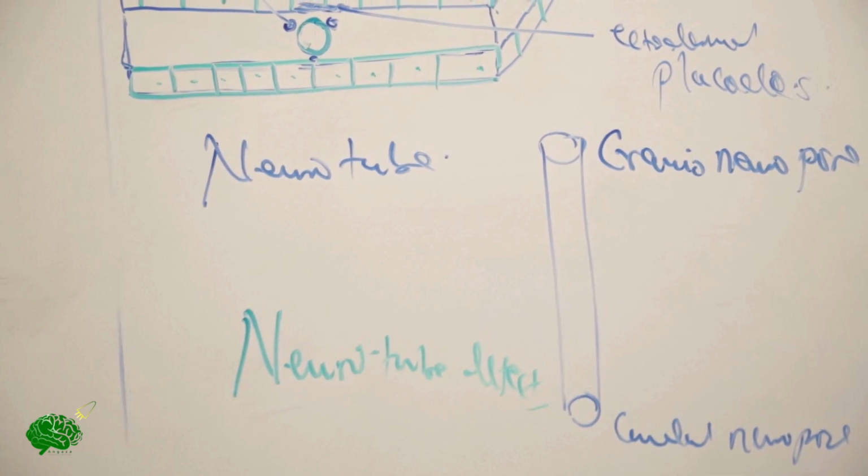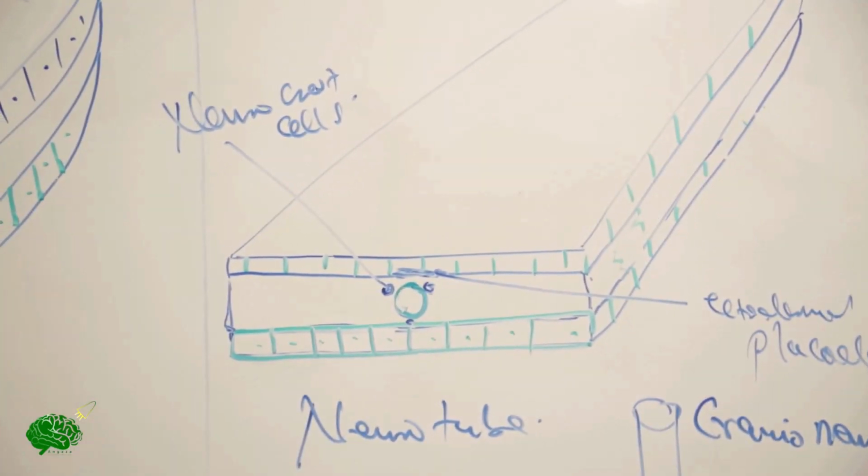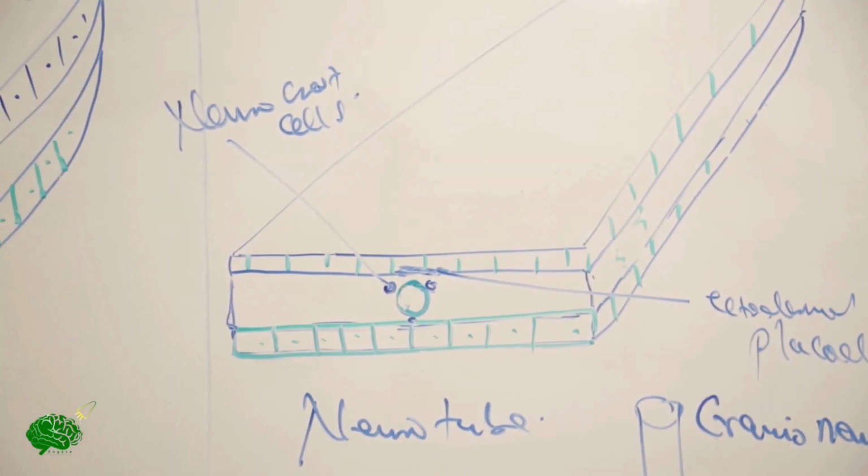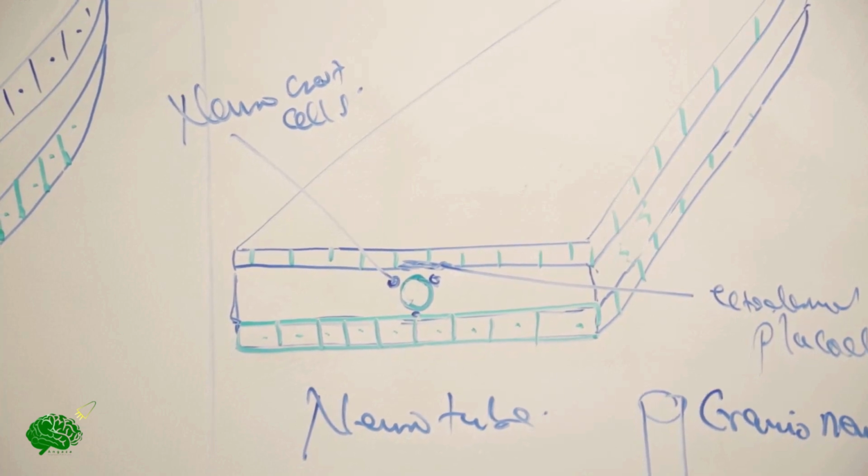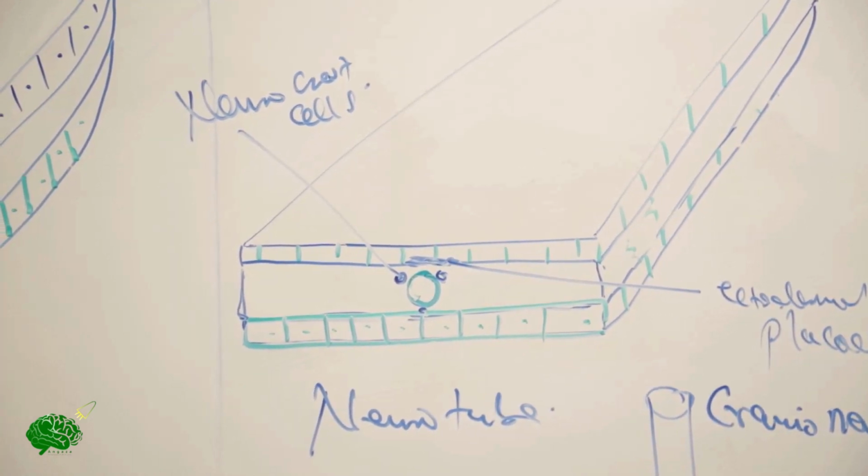So what happens to our neural crest cells that we have formed? The neural crest cells are also very essential. They will further differentiate to form what we call the melanocytes.